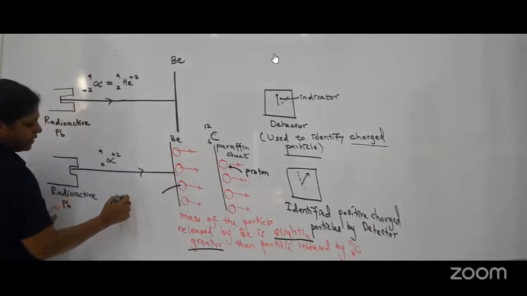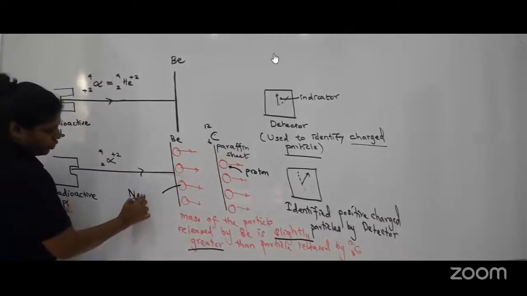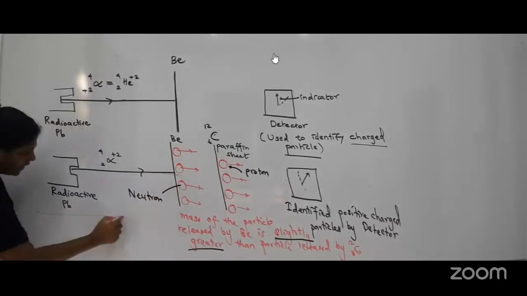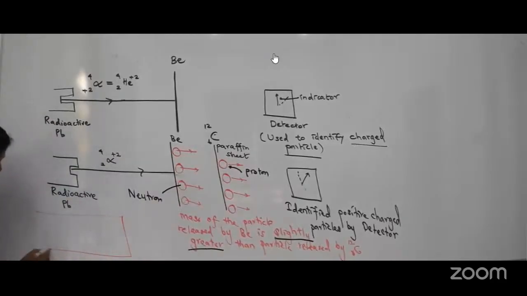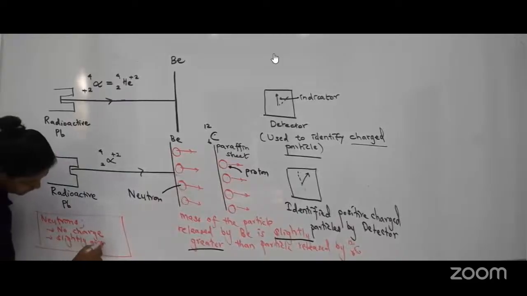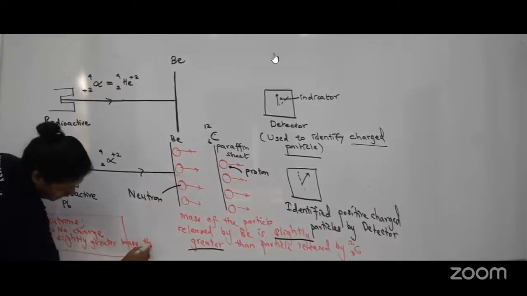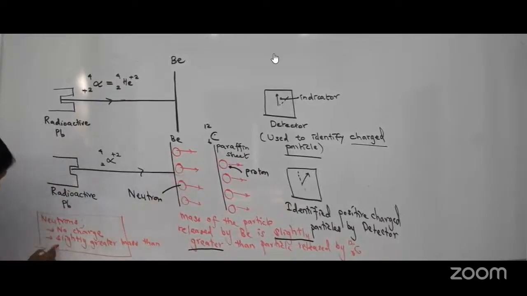So this particle is named the neutron. Finally, he said that neutrons are particles having no charge and slightly greater mass than protons.